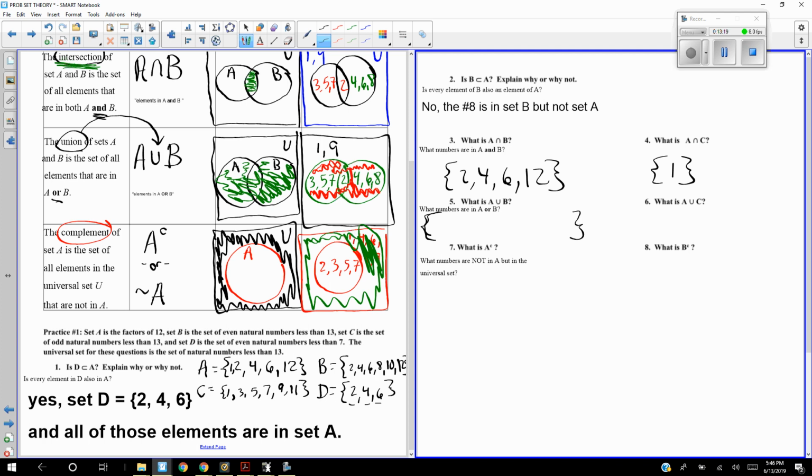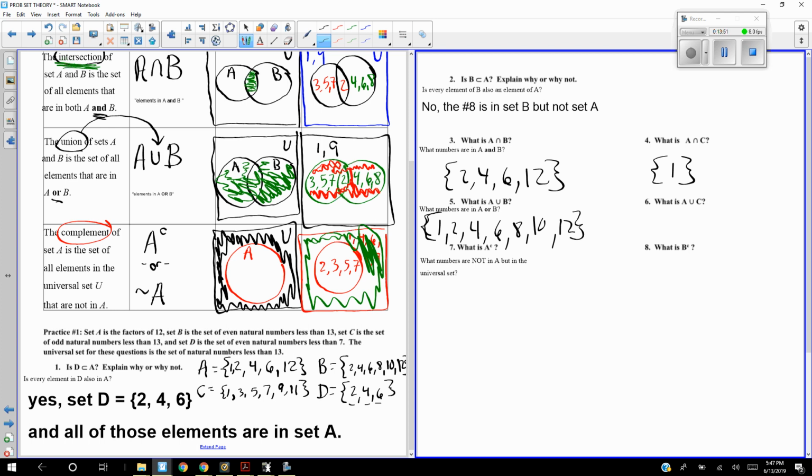So in set A, we've got 1, 2, and I'm going to try to write these in numerical order, 4, 6, and I'll write 12 at the end. And then in set B, what numbers did we not mention already? We didn't mention 8 and 10. So those are all the numbers in sets A or B without repeating ourselves.